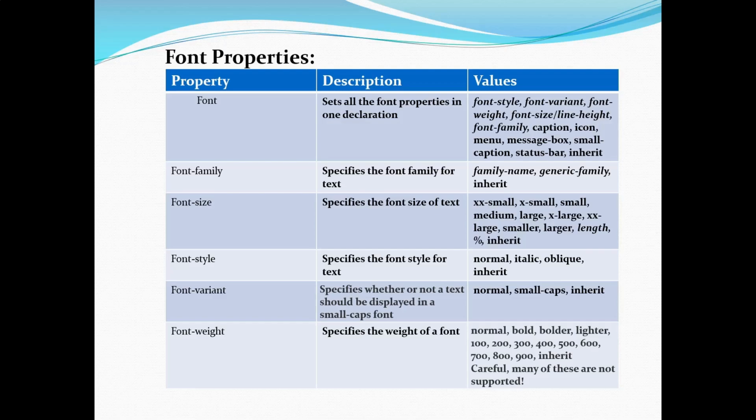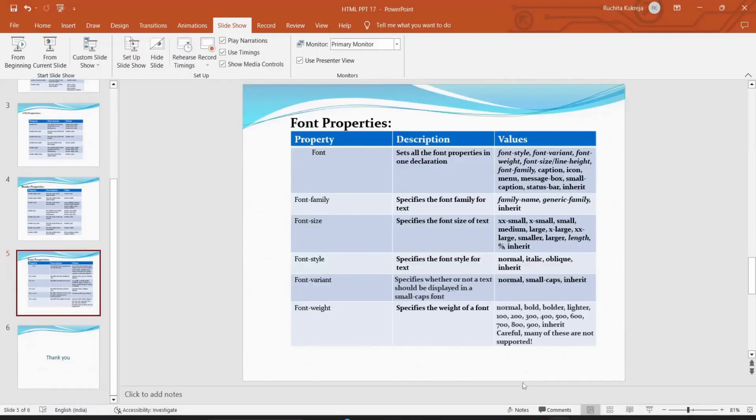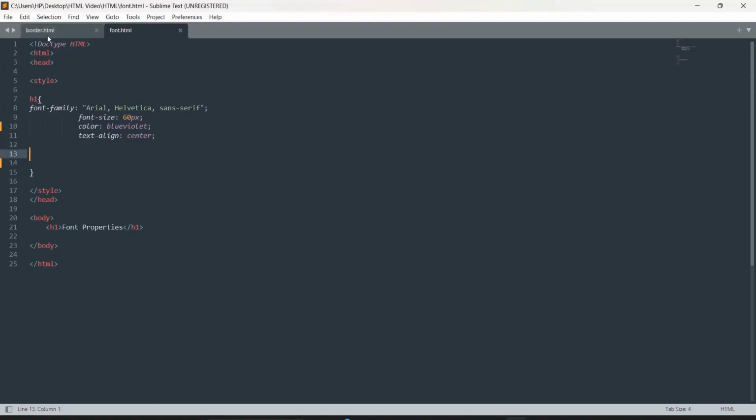Then using font weight, you're specifying the weight of a font. You want it normal, bold, lighter. So you have to try with different values and see what is working for your program. Again, I'll repeat, for these properties, you should always experiment with the values and see how your program is working.